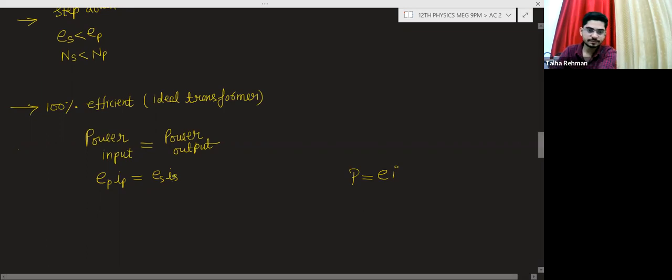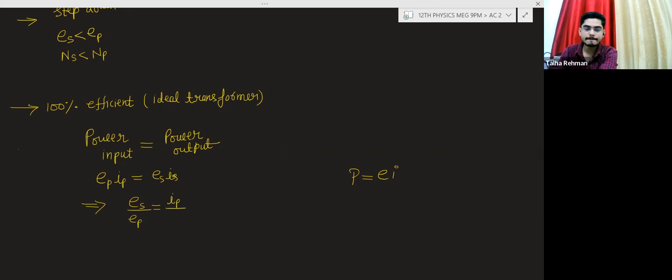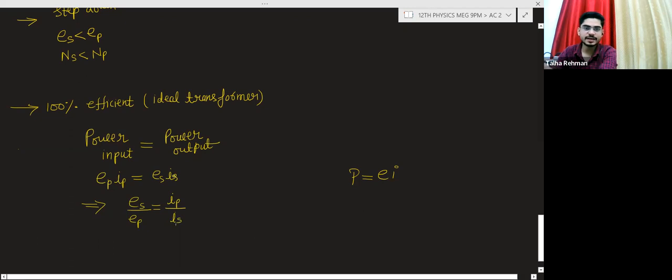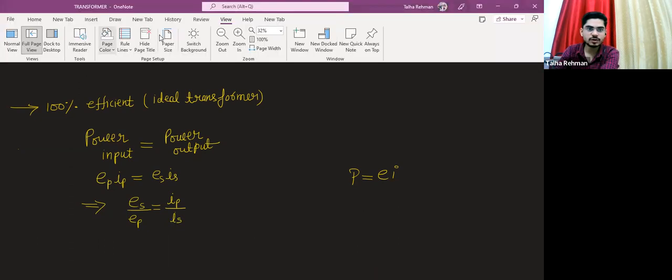Okay, so you can write from this equation ES divided by EP is equal to IP divided by IS. We can write IP divided by IS. So this is another formula.